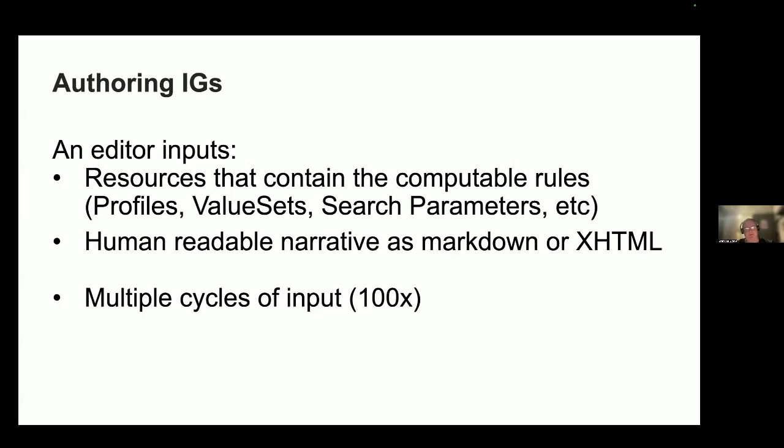Most use Markdown. And then they're just going to sit in a cycle, editing those, getting input from implementers and stakeholders and policymakers and whatever as they figure out how a community is going to implement and solve a particular problem. So they have two kinds of inputs: FHIR resources, and human-readable Markdown or narrative.